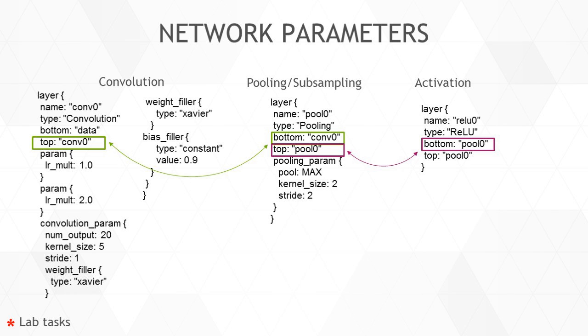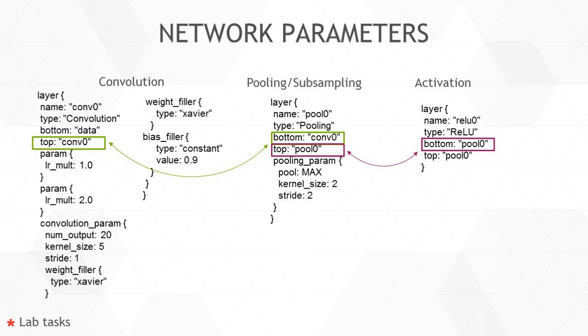In this case, for the convolution, I'm pushing in my data, and then I'm going to push out my output, and I've titled it COM1 or COM0. You'll see that I've got my number of outputs defined here, just like before, and my kernel size. Then, if I want to push the output from that convolution to my pooling or subsampling layer, I'll have this COM0 as the bottom of my pooling subsampling.